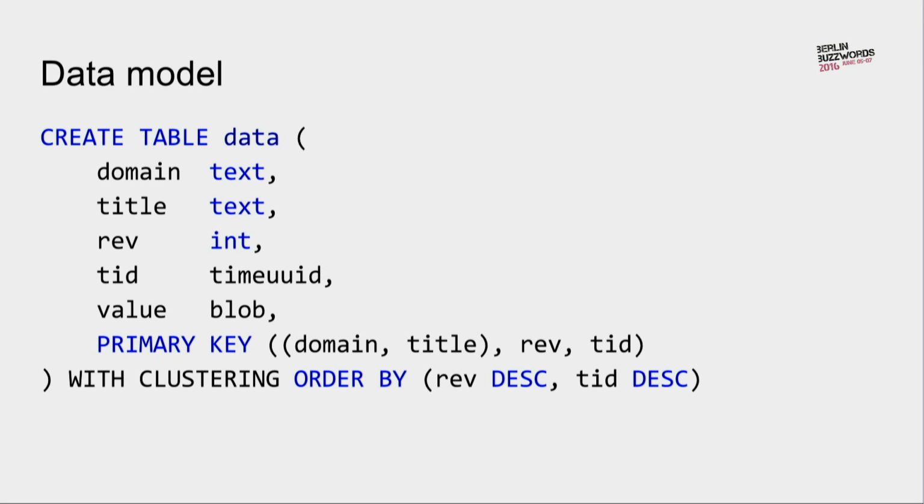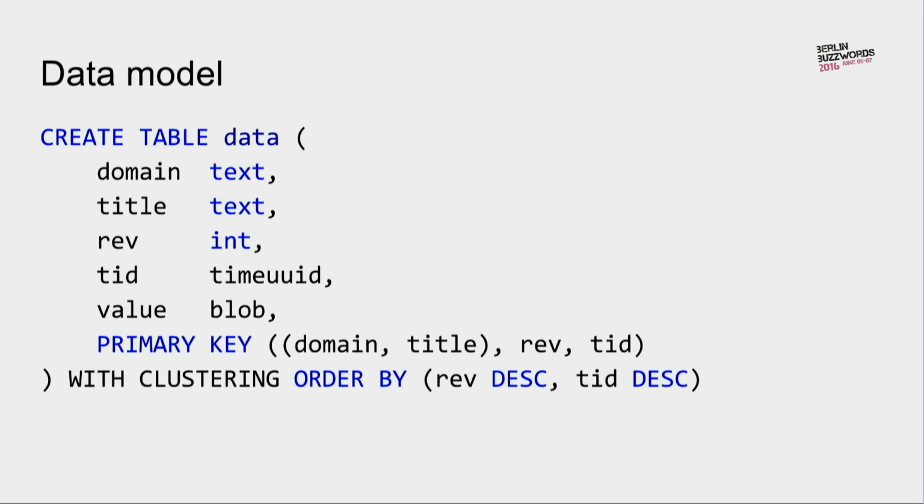These subsequent values set up a many-to-one relationship between themselves and the values that appear adjacent to the left. So for each unique domain title, we can have an arbitrary number of revisions. And for each unique domain title revision, we can have an arbitrary number of these TIDs, the renders.